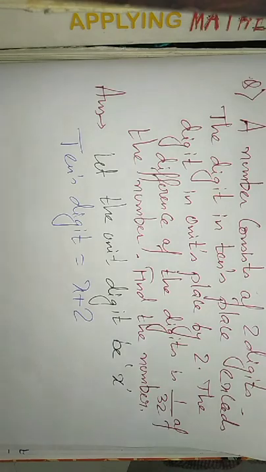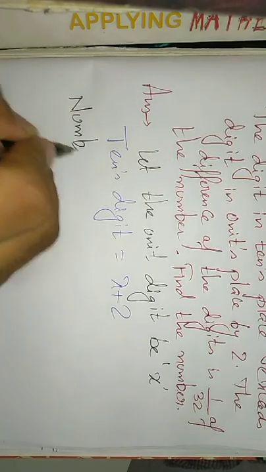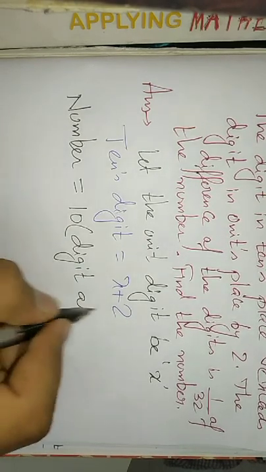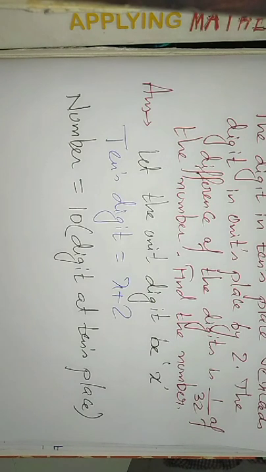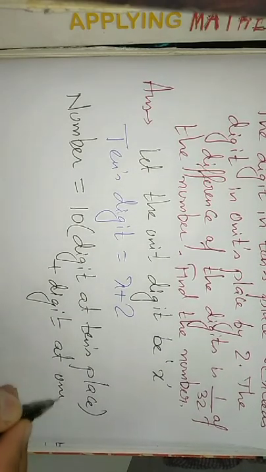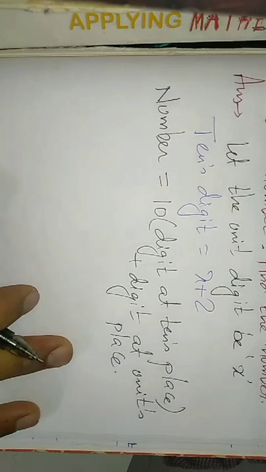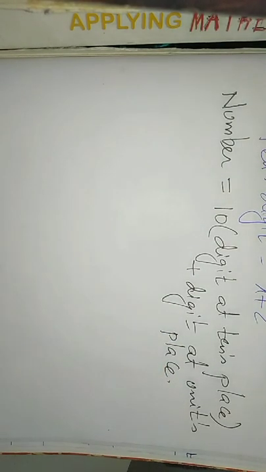Any number of 2 digits can be expressed as: number is equal to 10 into the digit at tens place plus the digit at units place. So what is that number? That we need to know, right?